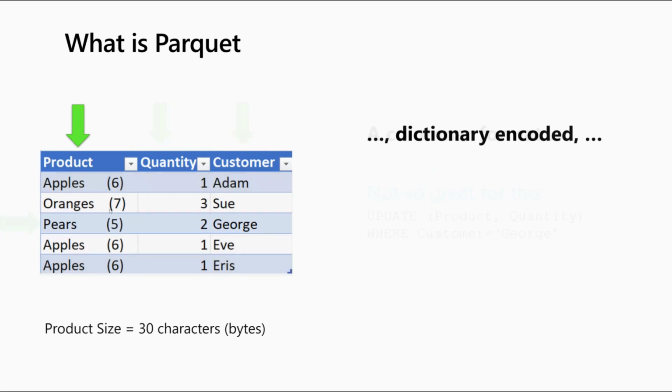So anyway, we were talking about Parquet. Parquet is first dictionary encoded. So you see in this column on the left, you have the string length for the product names. You see that all in all, we have 30 characters across this very small example. This can be 30 bytes or 60 bytes if you are going Unicode. The first thing that Parquet does is called dictionary encoding. It allows us to replace strings with numbers.